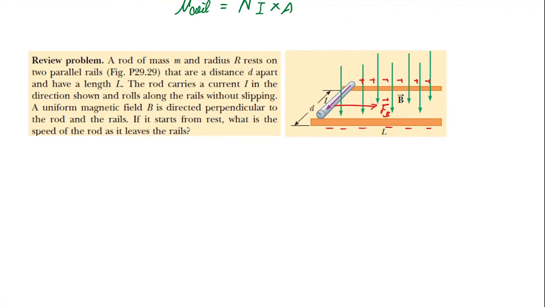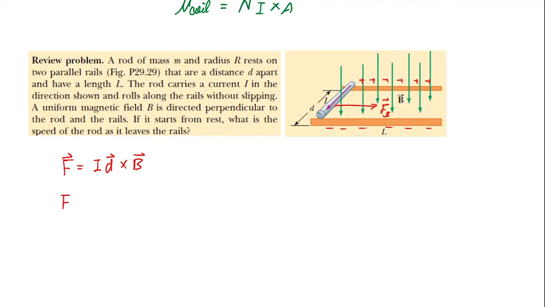And our job is to figure out the amount of acceleration, or the final velocity after it leaves the rail of L meters. I'll just give you an idea and leave this as an exercise. In this case, it's your I, and then L. L is misleading because I have L here, so our L is now D, cross B. Good?